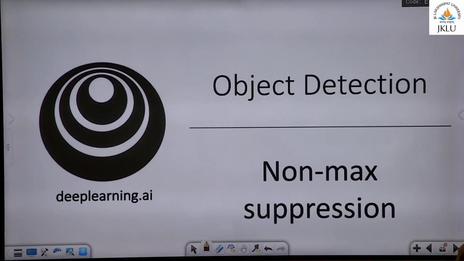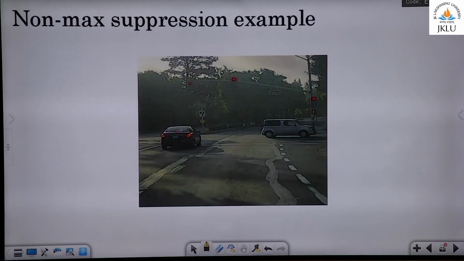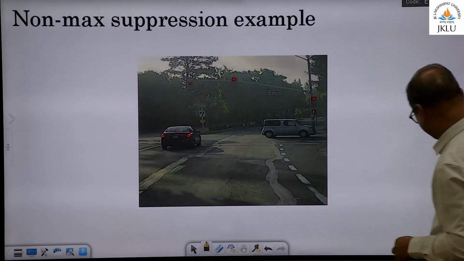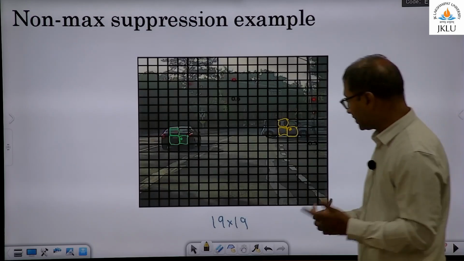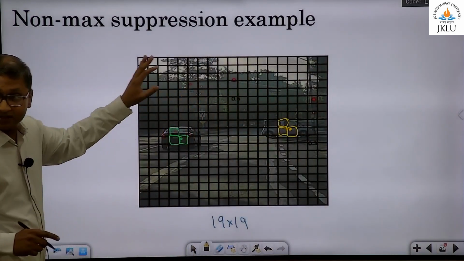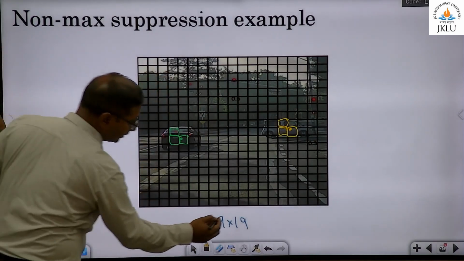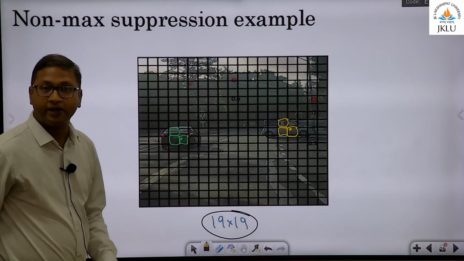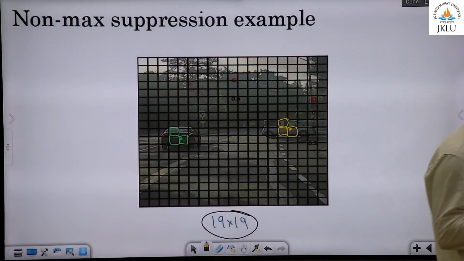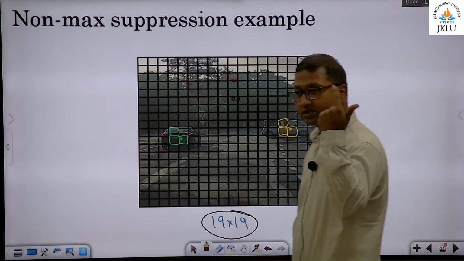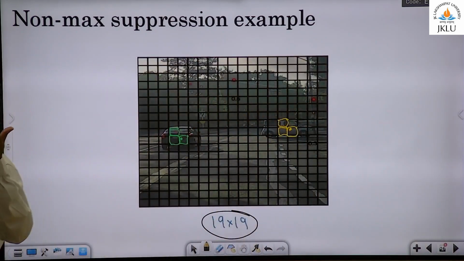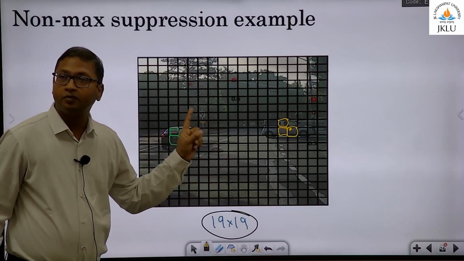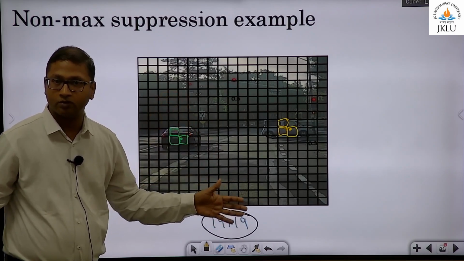Now we come to non-max suppression. So as YOLO does, YOLO takes an image and fragments it into a 19 cross 19 grid, not 3 cross 3, 19 cross 19. Okay. Let's say we are continuing with our example of how many classes? 3 classes and 1 background. Okay. So tell me, how will my output look like?